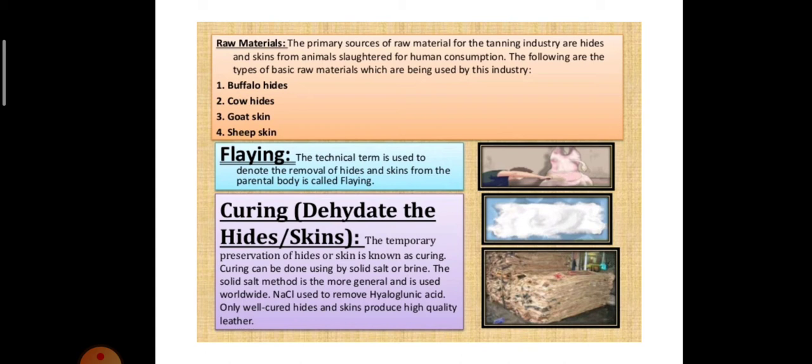Flaying, the technical term, is used to denote the removal of hides and skin from the animal's body. Flaying is the process of removing the skin from the animal.